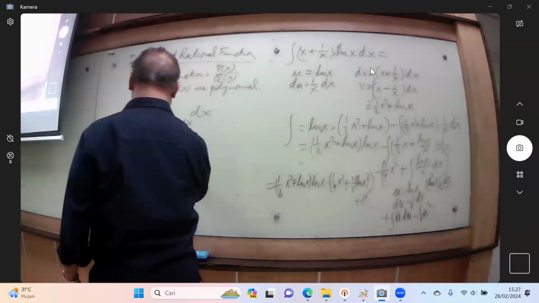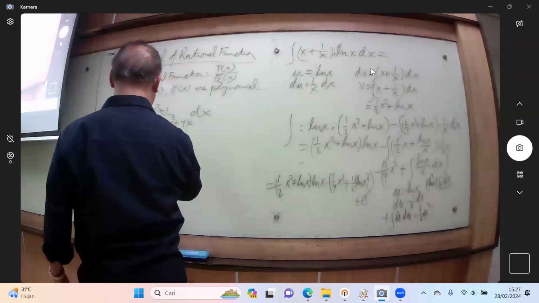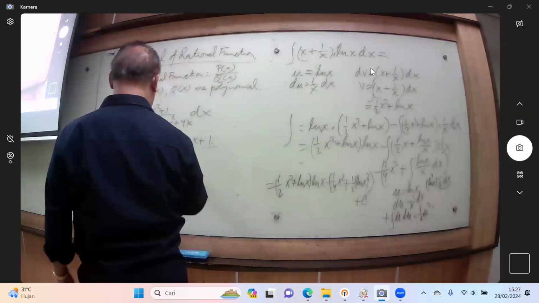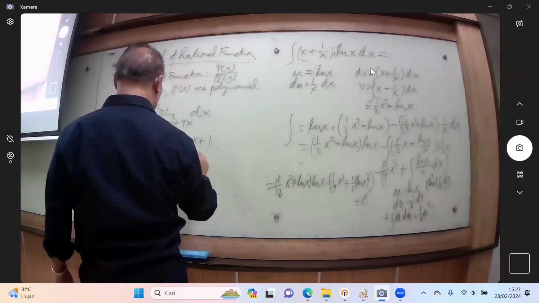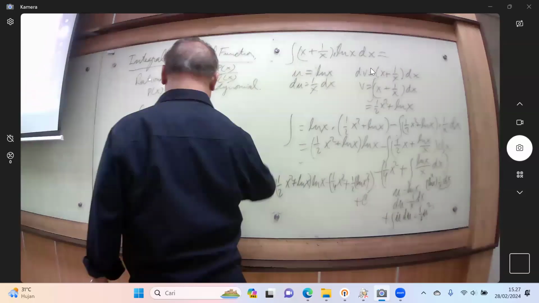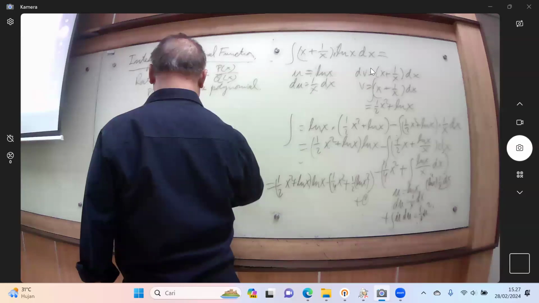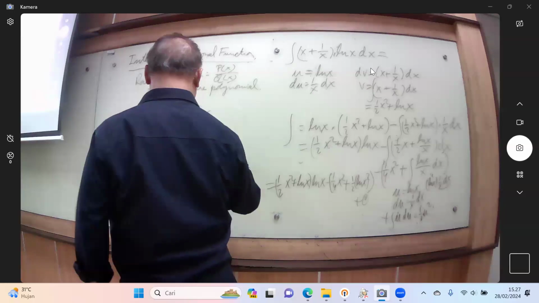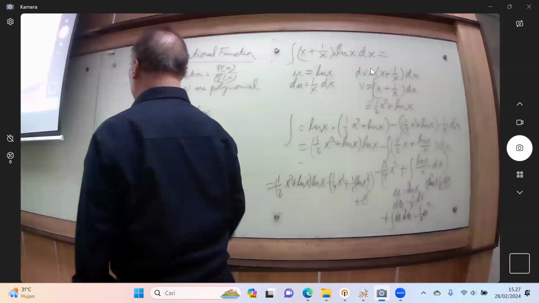Or we have x cubed plus 2x squared plus 4x plus 1 divided by x squared plus 4x minus 5 dx. So both are polynomials.